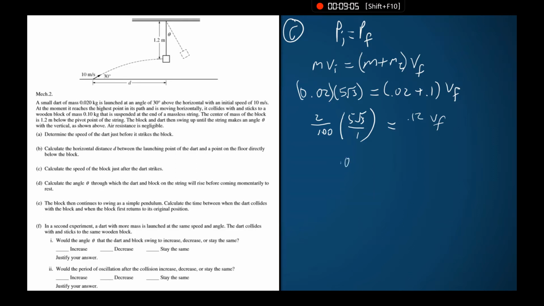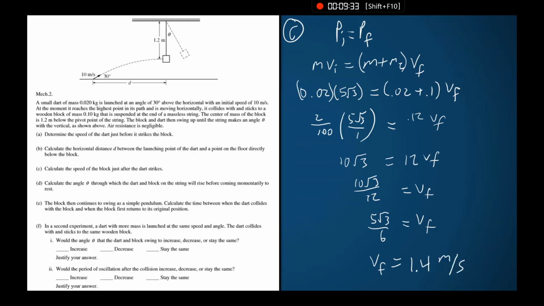Okay, so therefore 10 root 3 is equal to 12 VF, where VF equals 10 root 3 over 12 is 5 root 3 over 6. Which, if we solve, ends up being around 1.4-ish. Okay, any questions on C?